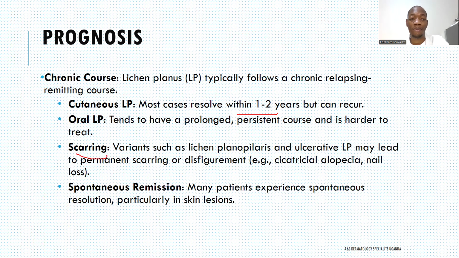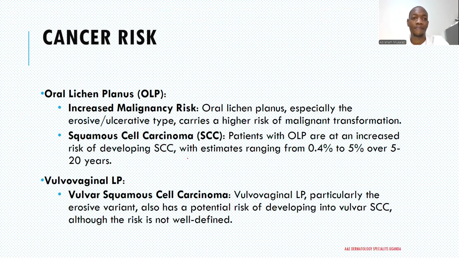Then other associated complications like scarring, even remissions, have also been reported. Also, if you get lichen planopilaris that affects the scalp hair, you can end up with cicatricial alopecia. Sometimes if it affects the nails and it is very extensive, you can end up with dystrophic nails.